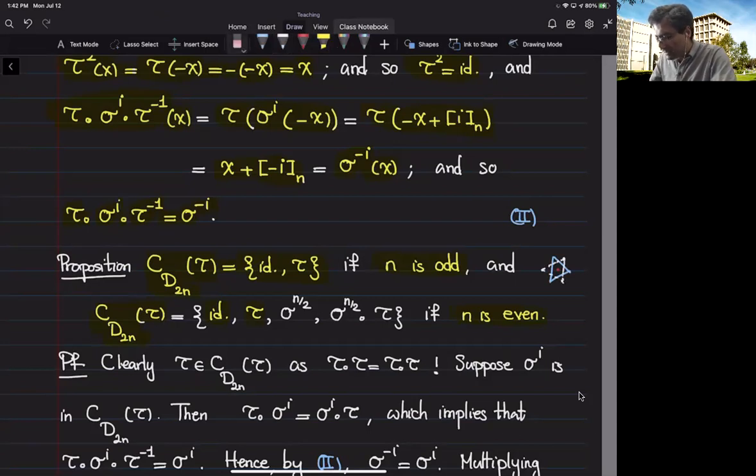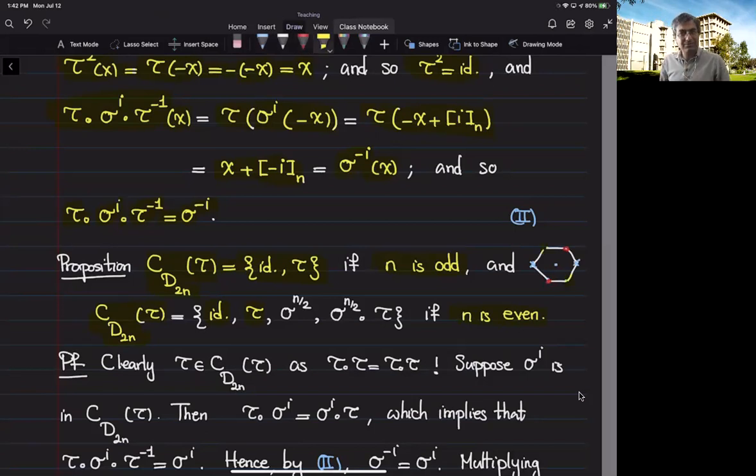But when n is even, let's say I pick a hexagon, then this one does have a central reflection, and that is precisely a 180 rotation. That's sigma to power n half. So with a 180 rotation, this comes over here, this comes over here, and this one comes to this point.